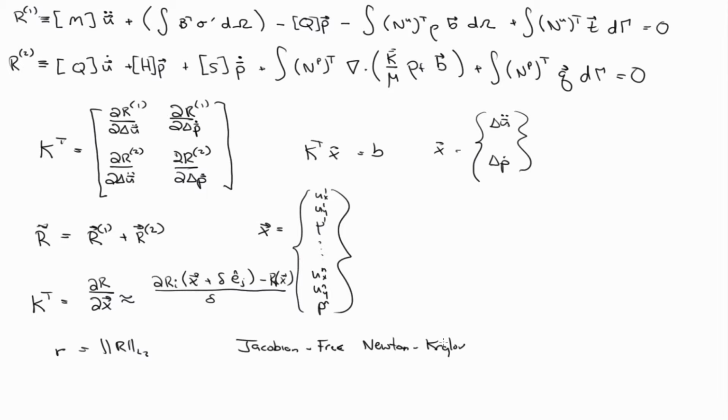Well, these Jacobian-free Newton-Krylov methods, since every time you're doing a matrix-vector product, instead of constructing the Jacobian itself, they just do this step for one column and immediately multiply the vector, so they don't actually construct the full Jacobian.